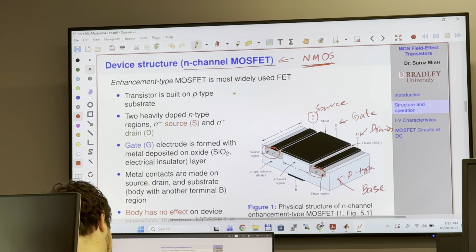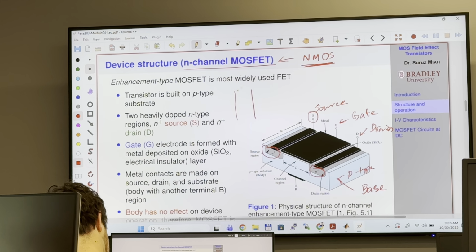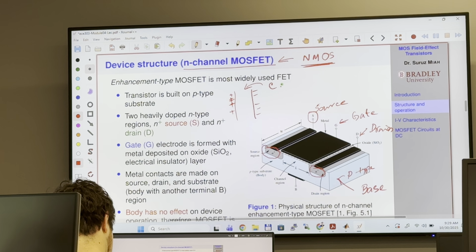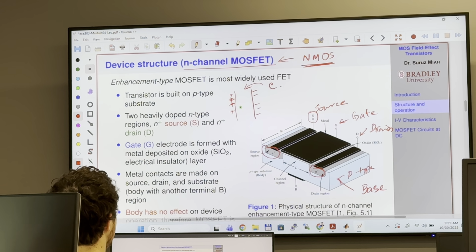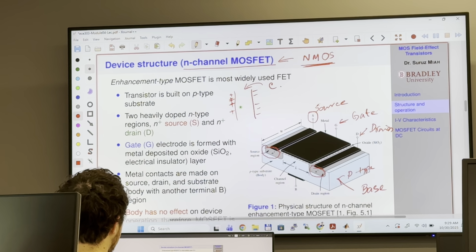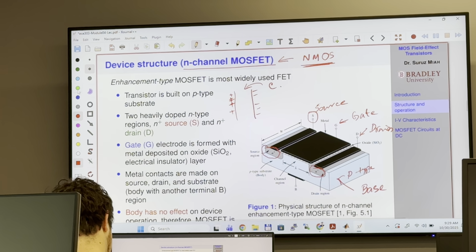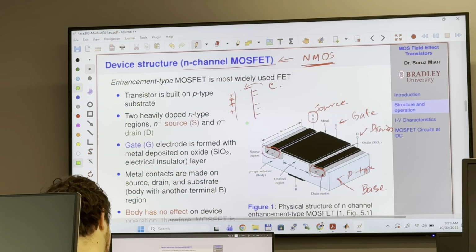A capacitor has two plates, and in between you have dielectric materials, and these materials can be used to store energy. So you have some dielectric material here.